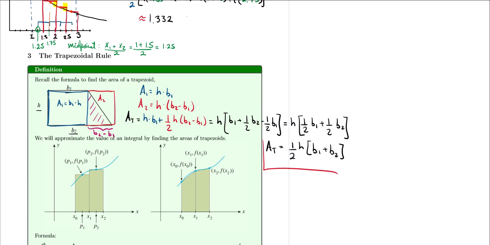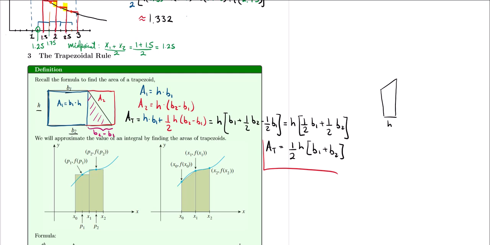Now, I will point out though that typically the trapezoids that we're going to be encountering, they're not going to have this shape. They're instead going to be flipped on their sides. So we're going to have a shape like this. Now in this case, notice that the height is actually going to be given by essentially the width of our previous rectangles.